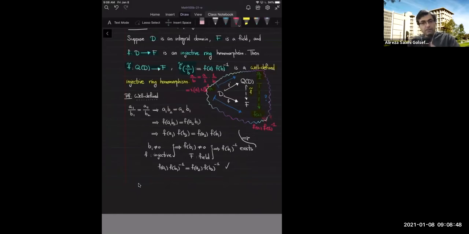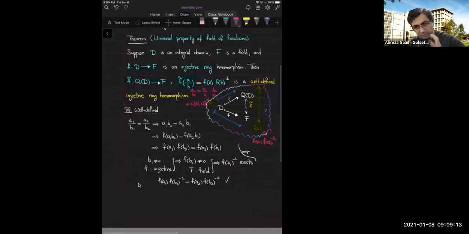So these are the things I have to show. I have to show why F tilde is well defined. I have to show why it's injective. I have to show why it's a ring homomorphism. And at the end, I need to show why F of 1 is 1. And therefore, I get the compatibility of this injection of the field of fractions and the injection given to us of D inside F. So again, let me repeat.